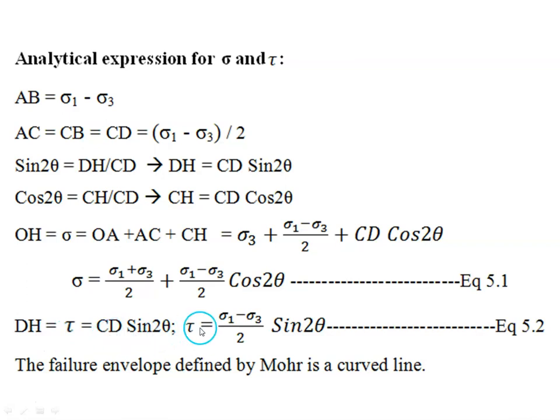So shear stress equals sigma 1 minus sigma 3 by 2 into sin 2 theta. So using this expression we can find the shear stress. So knowing the values of major principal stress, minor principal stress and theta, we can estimate the normal stress and shear stress either graphically or analytically.